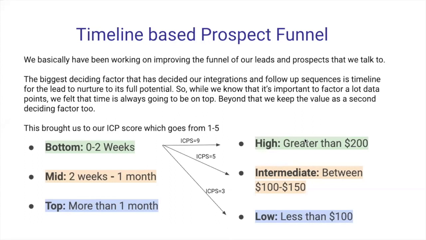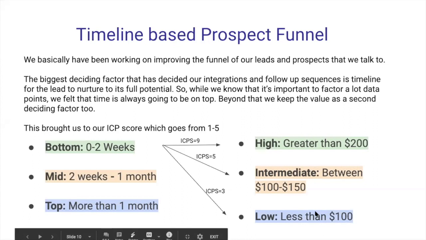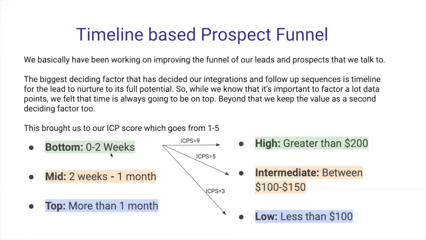This is something that I have created for my team, which is greater than $200, between 100 and 150, and less than $100 as well, right? These 2 factors, where the timeline has a very big chunk, decide the ICP score, which is ideal customer profile score. Now this score decides the integration moving forward that I'll explain.